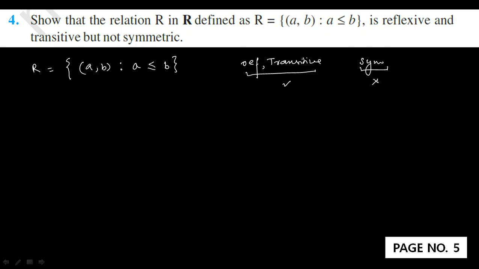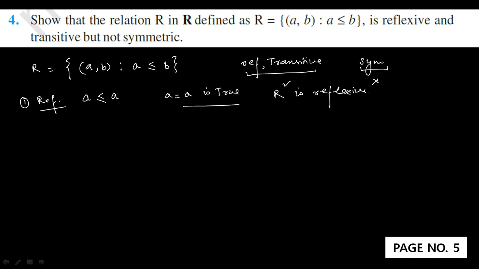Suppose I am talking about same values. First one, for reflexive. If I am writing A less than equal to A, that is true. Therefore, R is reflexive. What about the second condition?